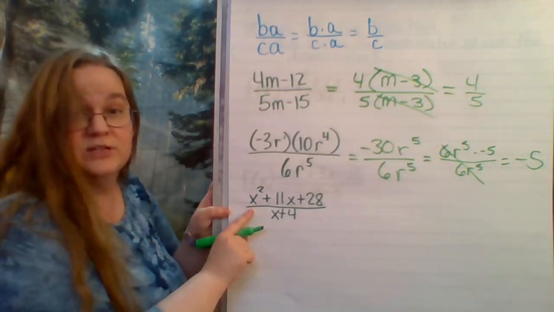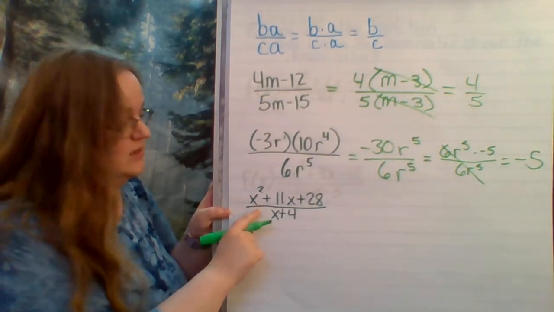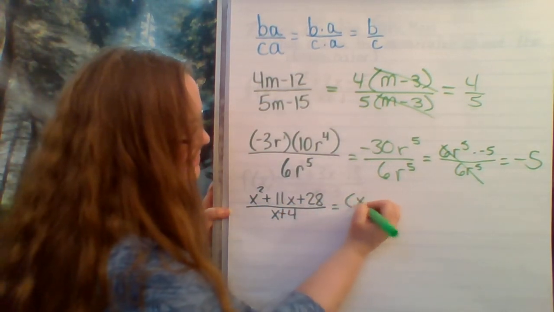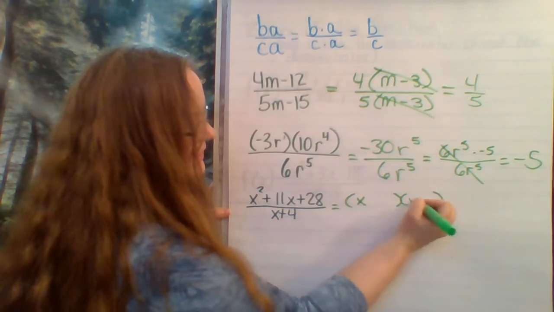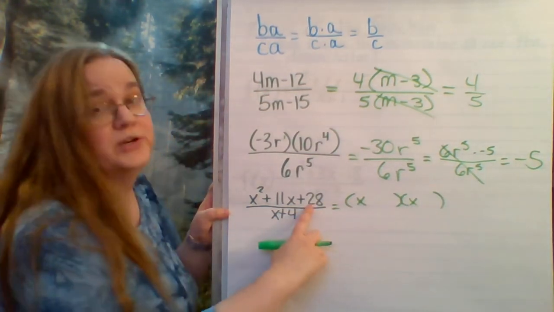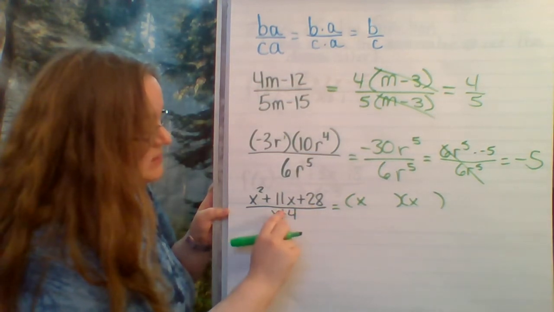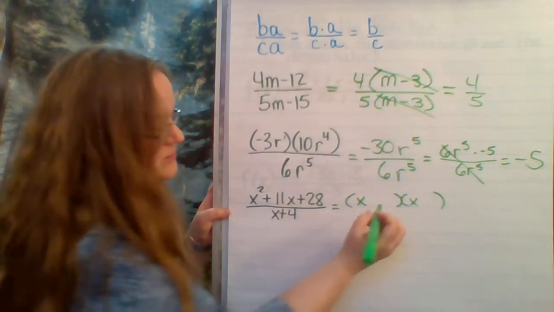If I'm going to do this one, I want to factor any trinomials that I have. Looking at factors of 28: 1 and 28, 2 and 14, 4 and 7. I need them to add together, so the only ones that work are 4 and 7.